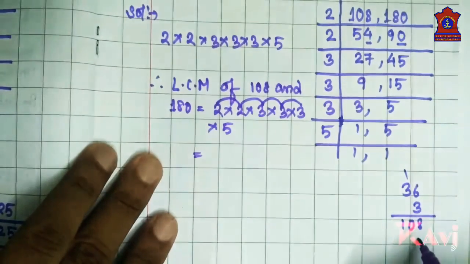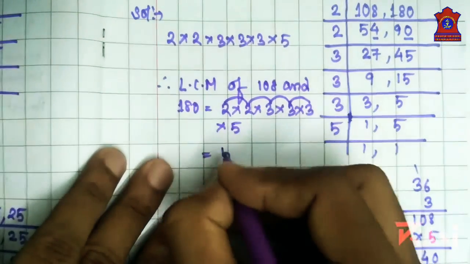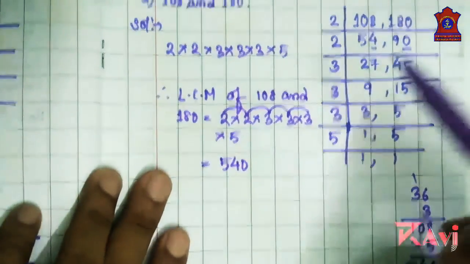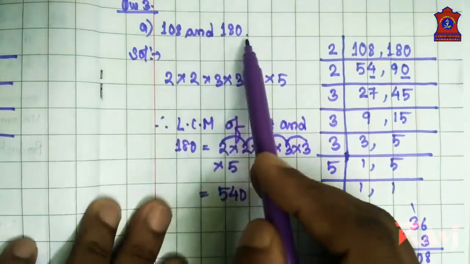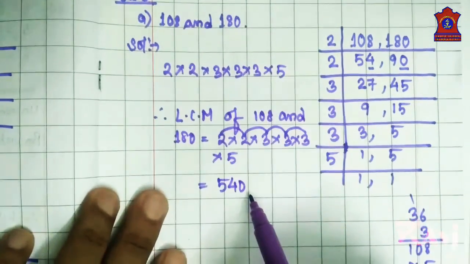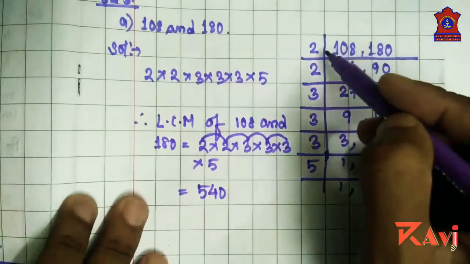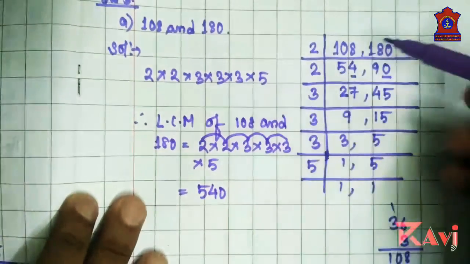Now 108 into 5, 5 8s are 40, 4 will carry, 5 1s are 5, 540. Clear? So what is the LCM of 108 and 180? 540. Clear? Do it carefully, slowly.